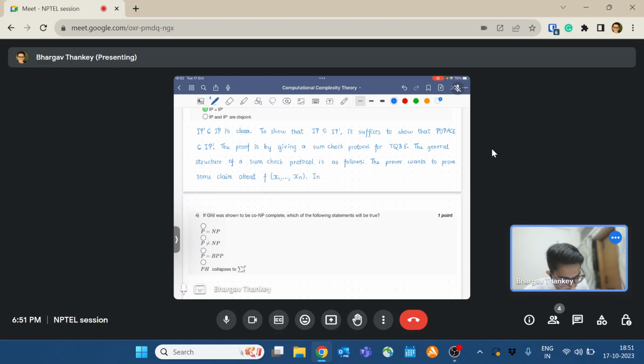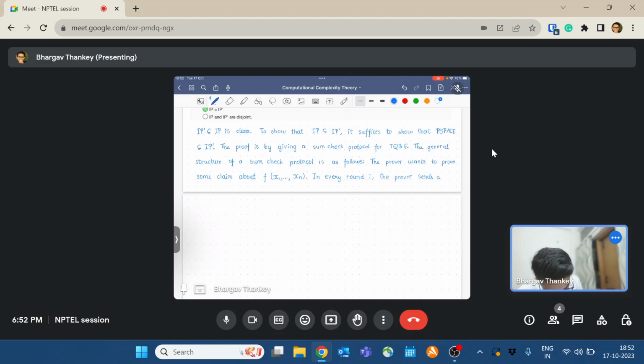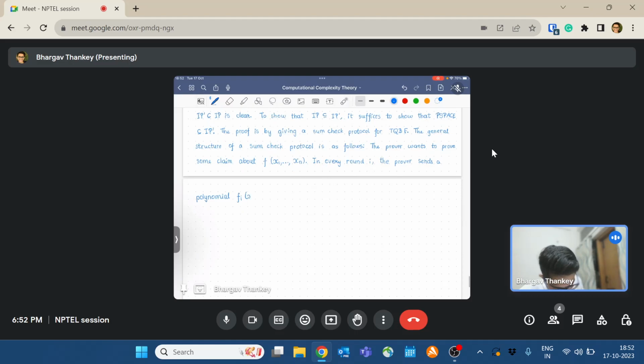In every round i, the prover sends a polynomial fi in just one variable, let me call that variable xj, and the verifier performs some check using some random r.